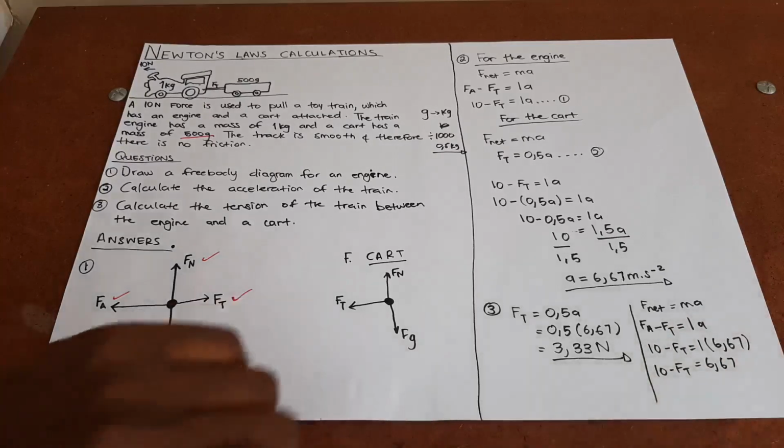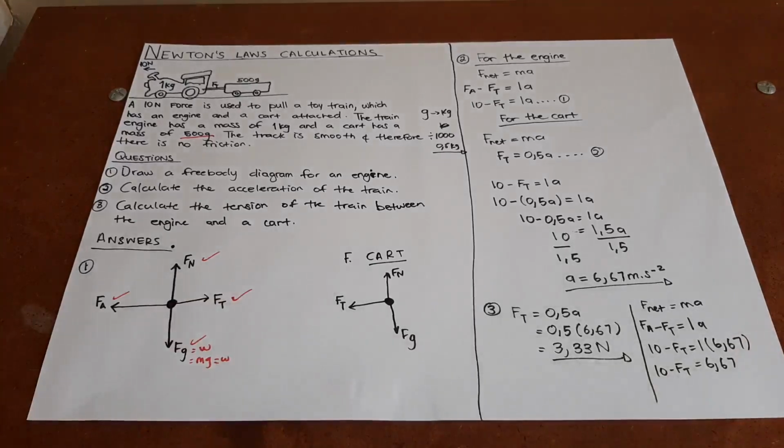Take that acceleration, 10 divided by 1.5, as it is onto your calculator.